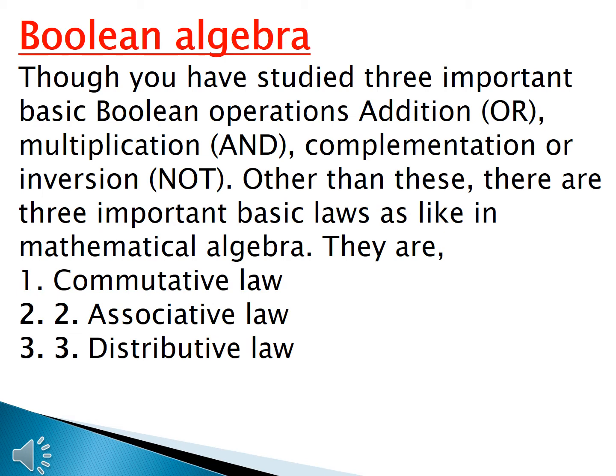In the previous year we also studied AND gate, OR gate, NOT gate. We also studied Boolean algebra for computer science. Now also we are going to study AND, OR, and inverter, which means NOT.